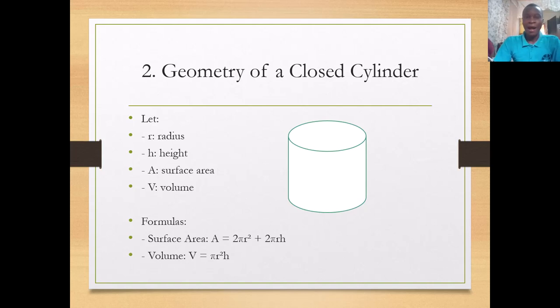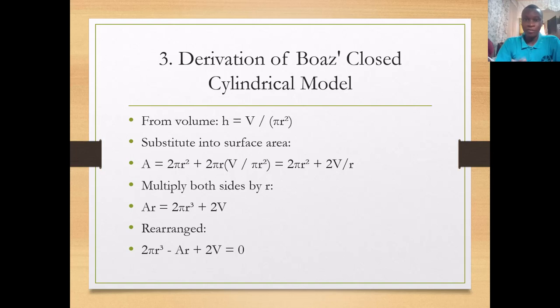Let the radius be r, the height be h, A the surface area of the closed cylinder, and V the volume. Then the surface area is A = 2πr² + 2πrh, and the volume is V = πr²h. As we know, those are the formulas for the surface area and volume of a closed cylinder. So let's go down to the derivation of the Boas closed cylindrical model.